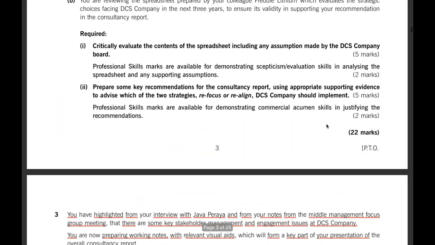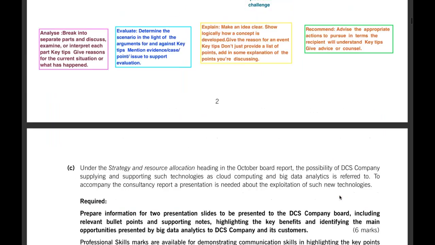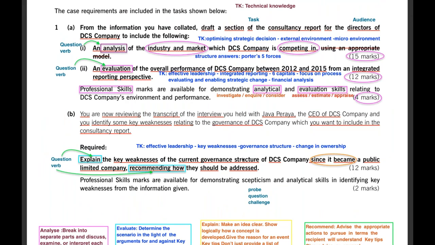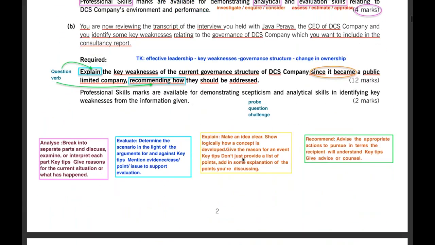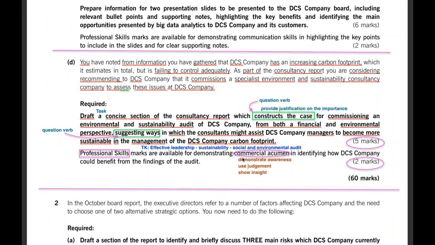Okay, if you notice that question 1 alone, you have A, you have B, you have C, excuse me, and then you have part D here, which carries a total marks of 60.